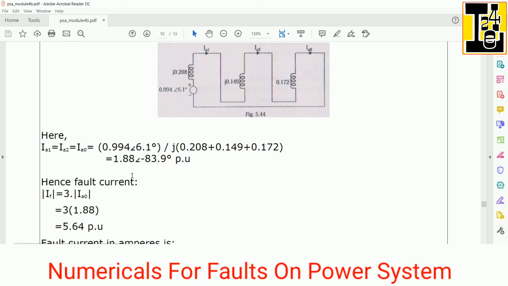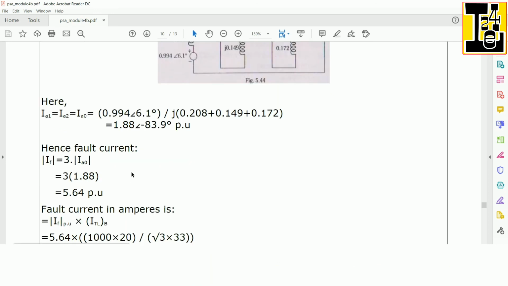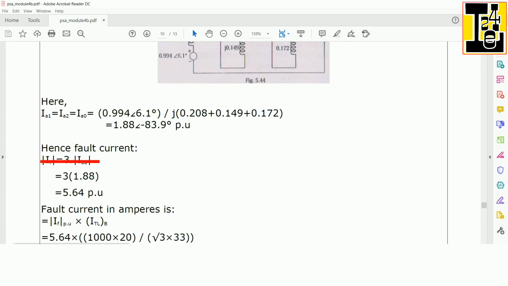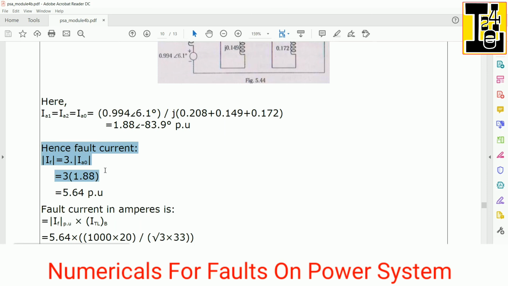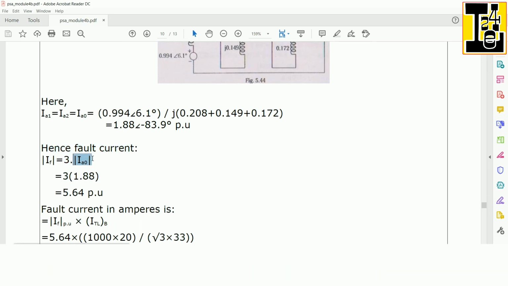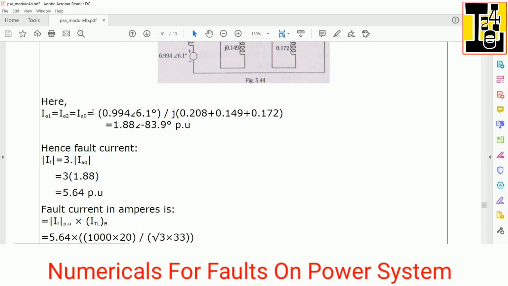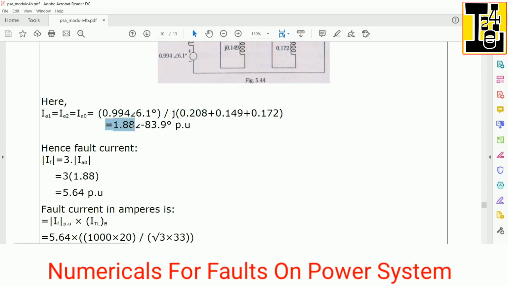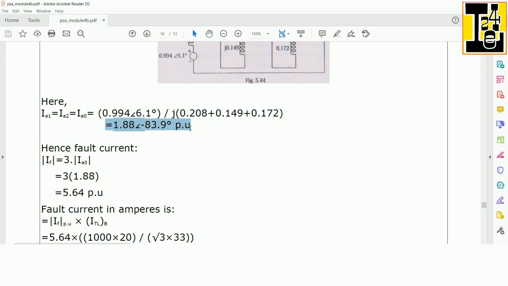We have the expression for fault current, that is for LG fault, IF is equal to 3 IA0. Calculating IA0, that is IA0 is equal to V Thevenin divided by the total impedance of this circuit. IA0 will be equal to 1.88 at an angle minus 83.9 degree per unit.